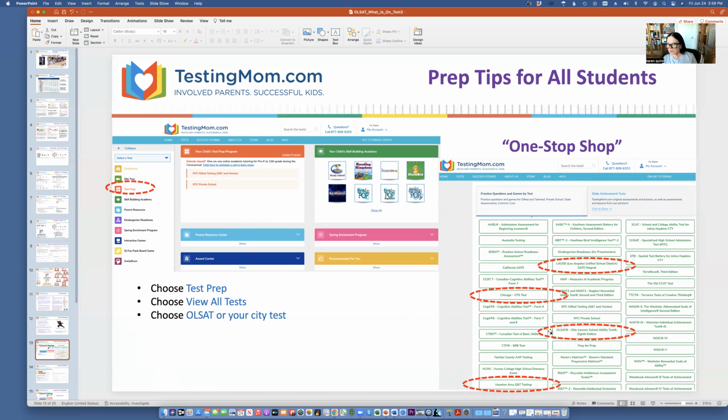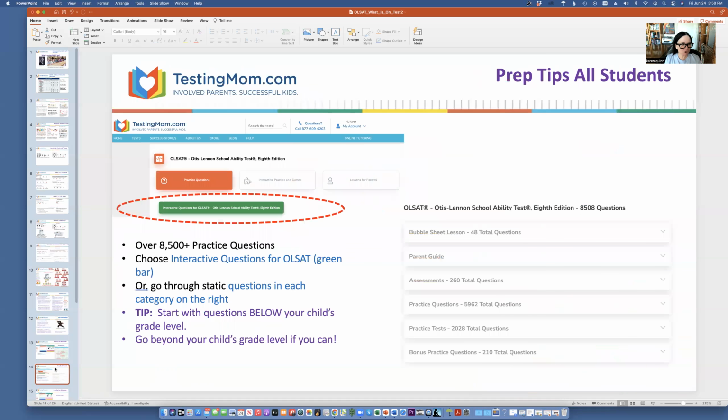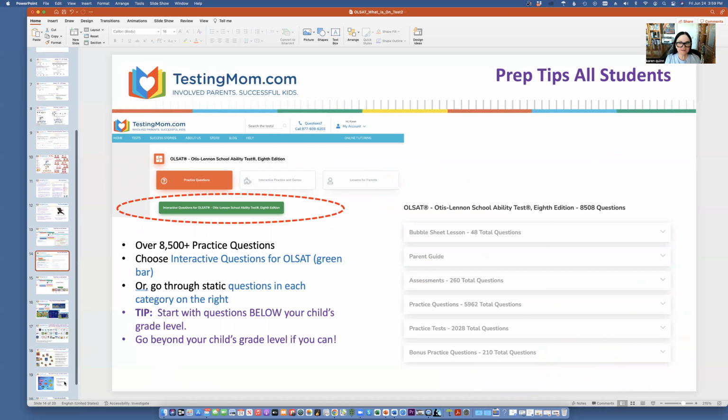And you would choose the OLSAT, or, if you're from LAUSD or Chicago or Houston, OLSAT is one of the tests that we have you prep for, because that's going to show up on your test for your child. So you can go there if that's where you are, or you could just go to the OLSAT right here.